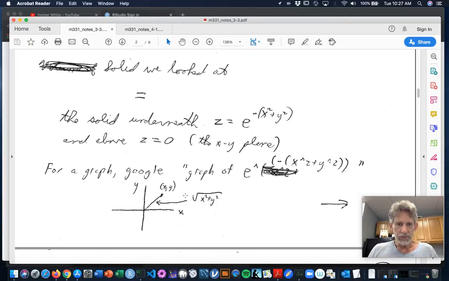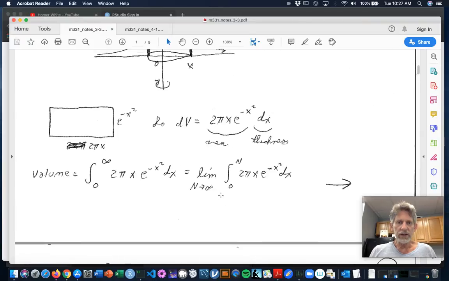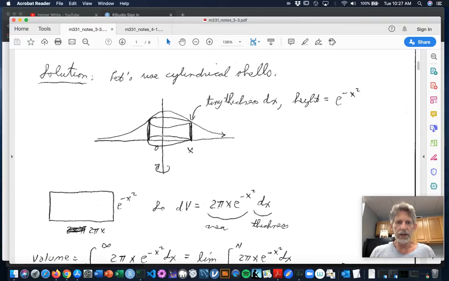And so if you're thinking about what is the z at that point, it's equal to e to the minus the square of the distance of the point x, y from the origin, okay? And that's exactly what's happening over here.